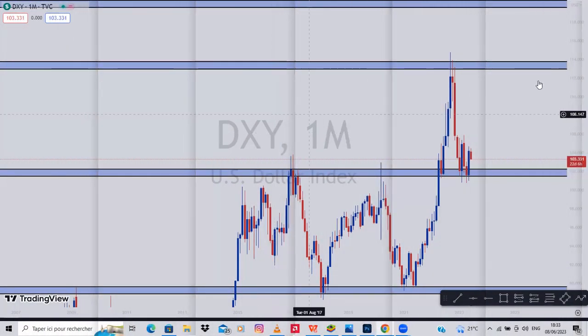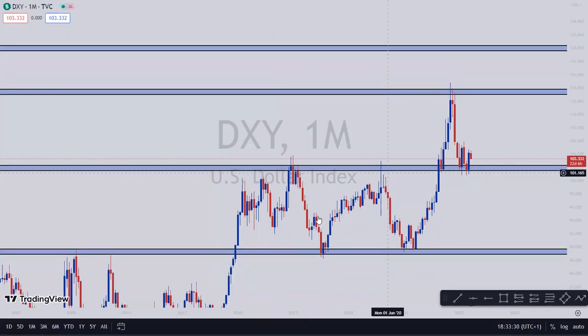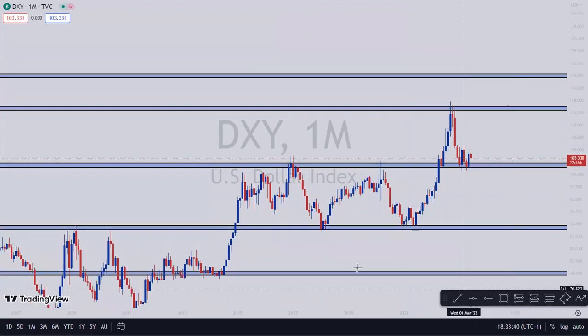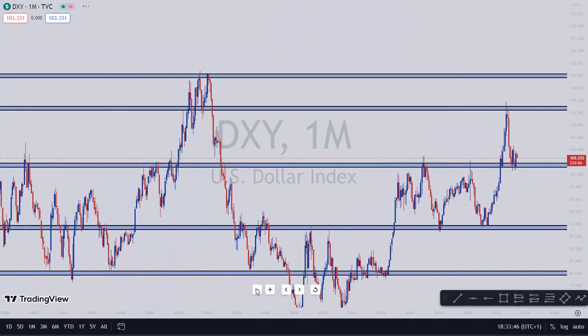So let's get into it. Right now I'm on the monthly time frame. As you already know, you know the drill already. For the dollar index, actually the dollar index is funny, because at the time I was calling all my trades, I was actually sure of them because I was backed by the dollar index.